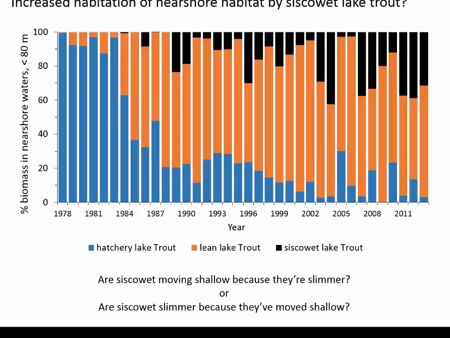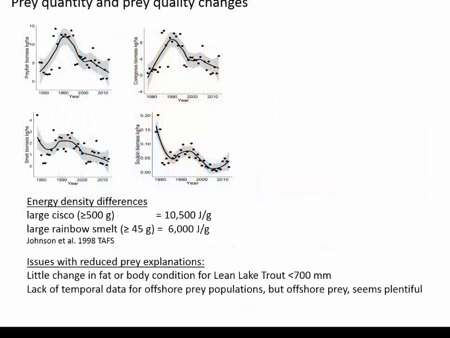So there's some response here. I don't know what the mechanism is, but there appears to be some measurable response. The fish are moving into these shallow waters. And if you also remember from my talk earlier today, there is actually less prey available in nearshore waters than there is offshore. So that adds another kind of head scratcher why they would be doing that.